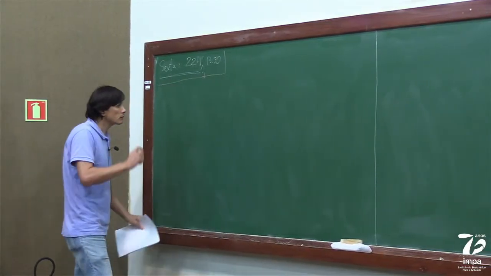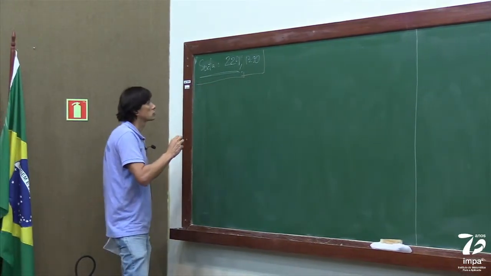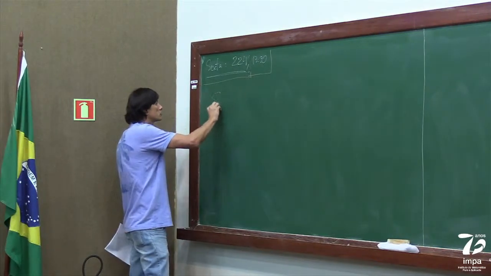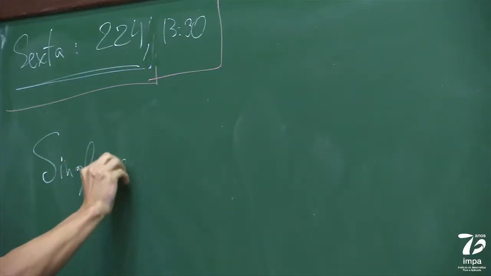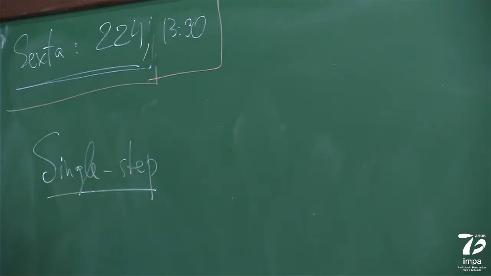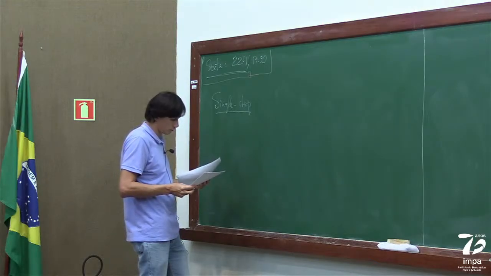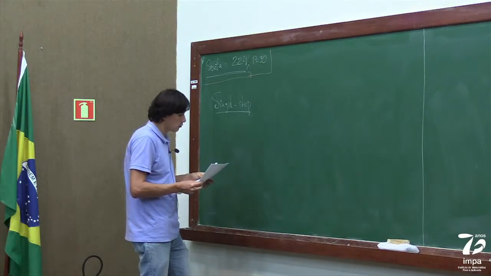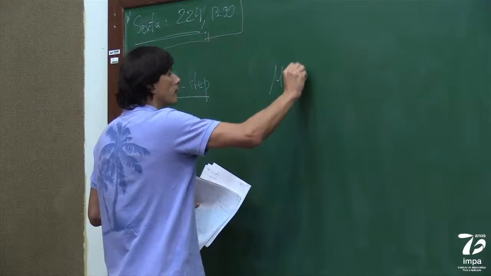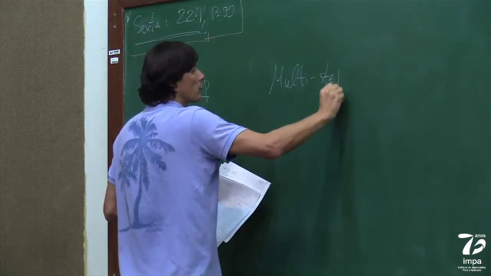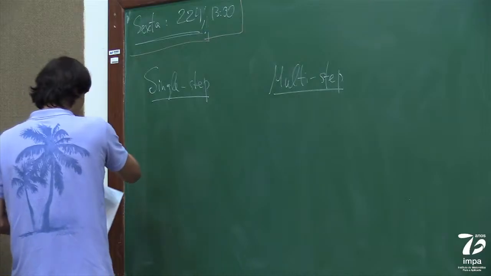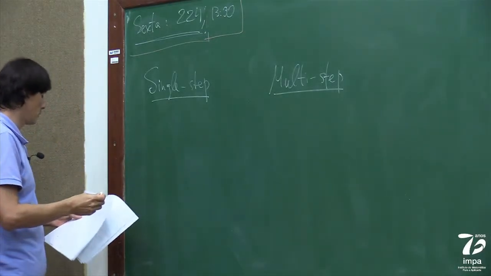First, let's remember that there were two methods: the single step method, and the multiple steps, the k-step method. The names state for themselves.